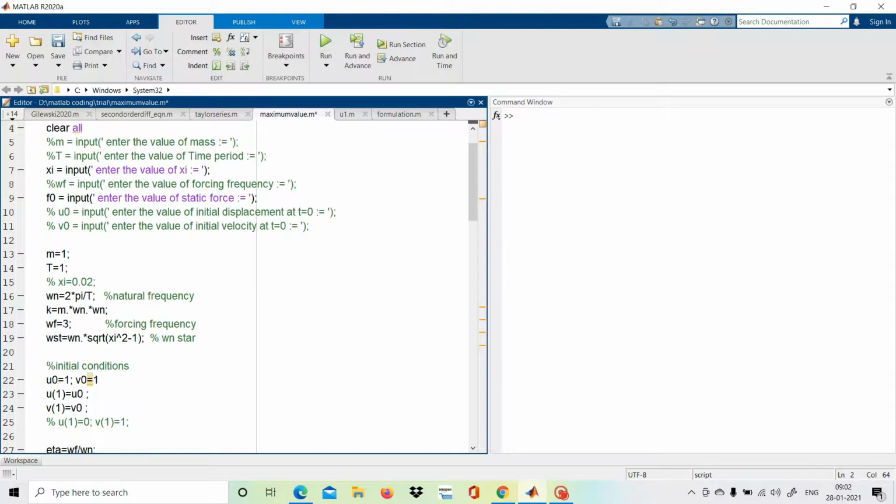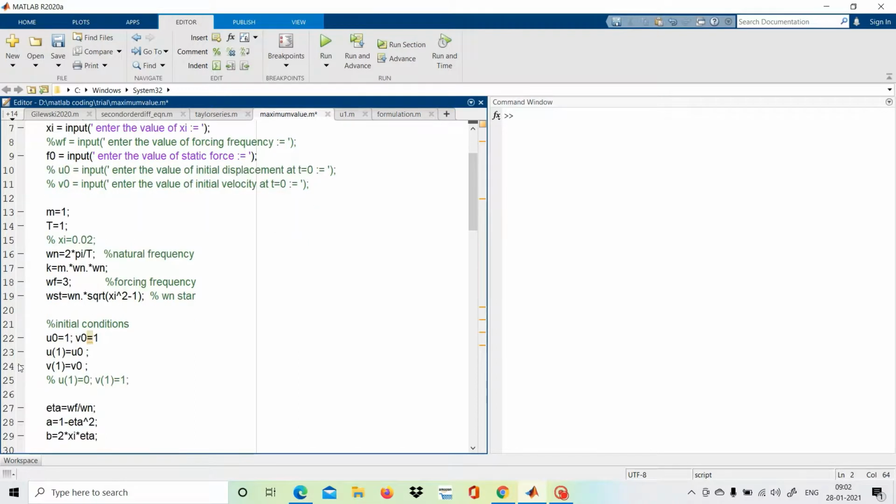And omega f equals 3, which is the forcing frequency. Right now we are not concerned with it, so we will not use it. Omega star we have considered as omega n into under root 1 minus xi square.